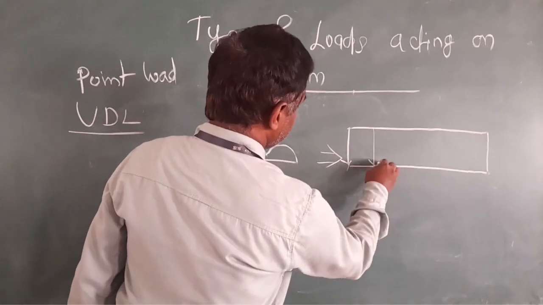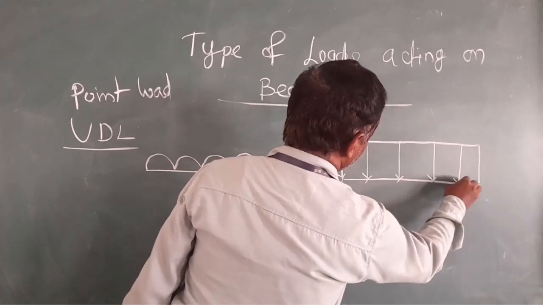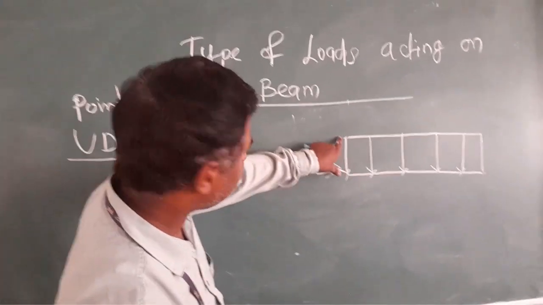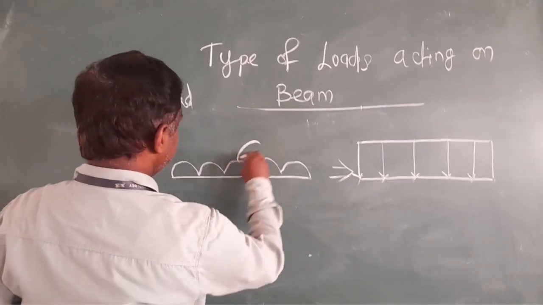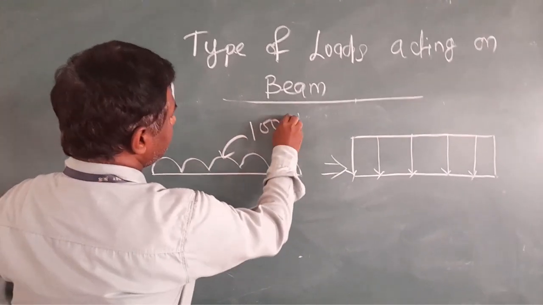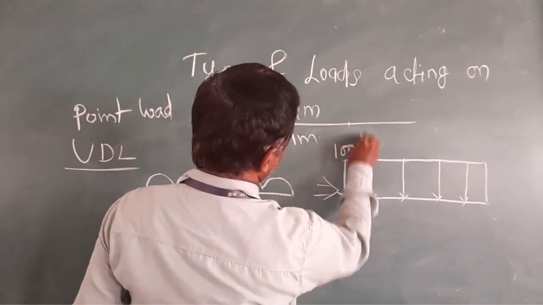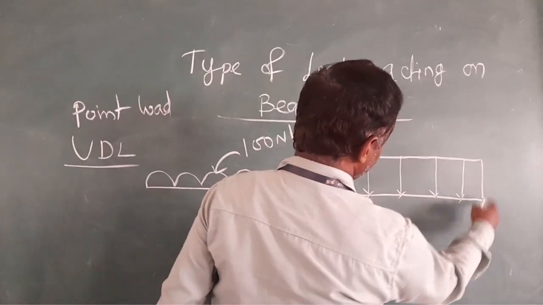It represents the downward load, and this height gives you the intensity of load, how much load it is. If it is given as 100 Newton per meter, this height will be 100 Newton per meter, and it is uniform through the section.